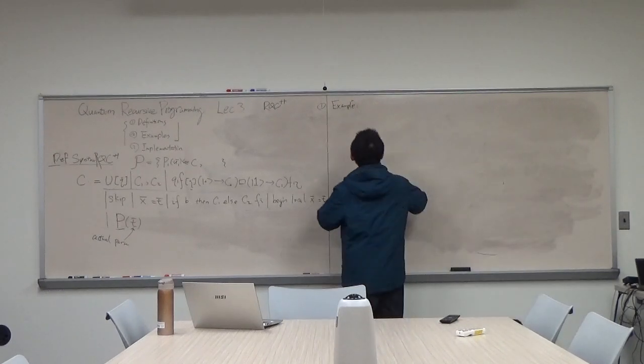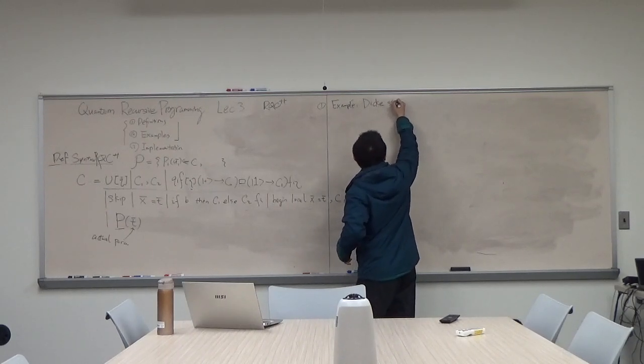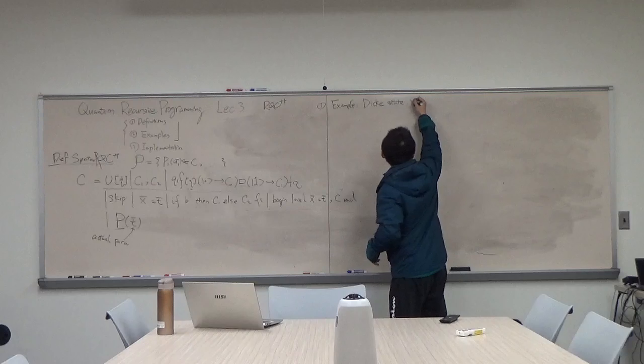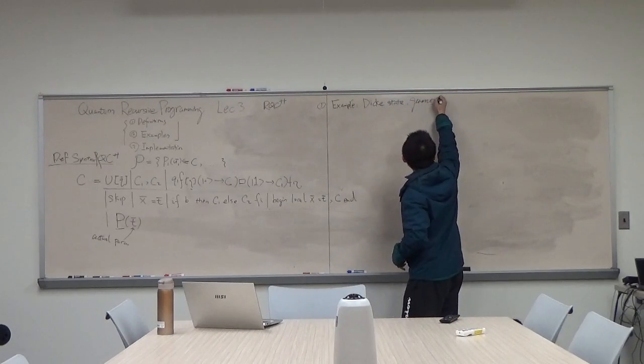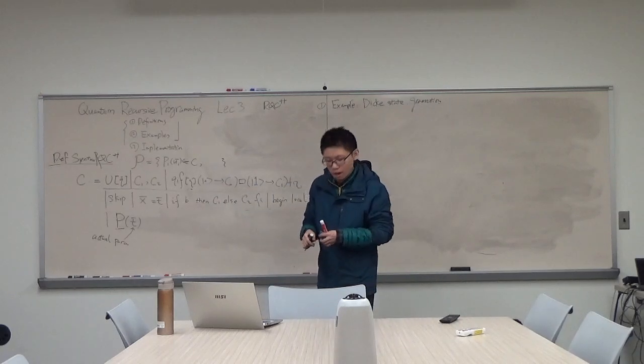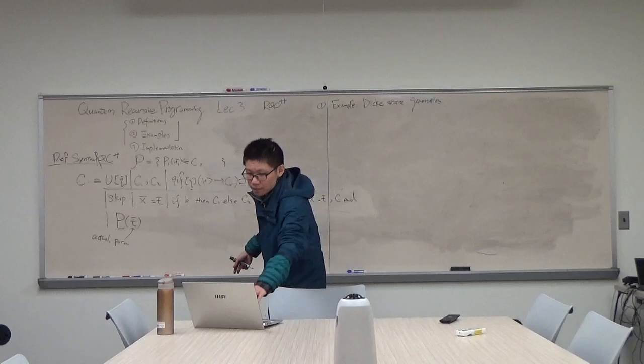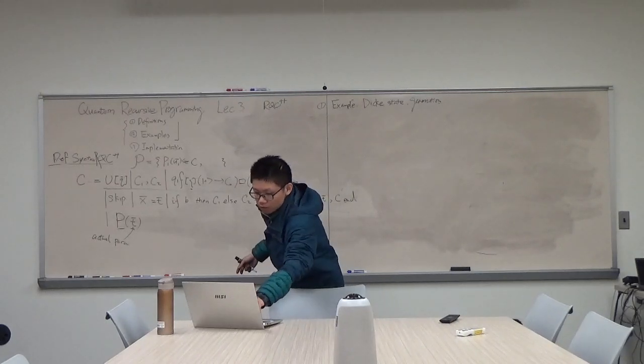There is the so-called decay state generation. There are some quantum states that are intrinsically recursively defined, and one example is this so-called decay state.